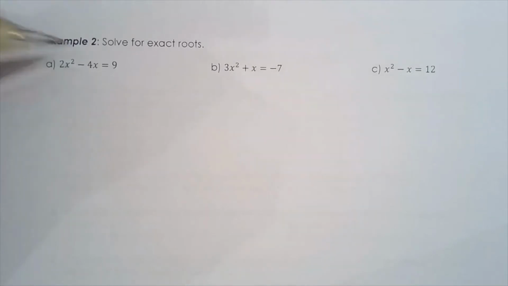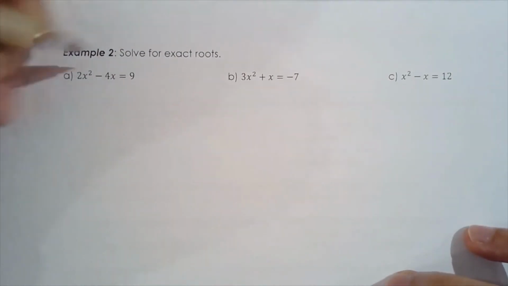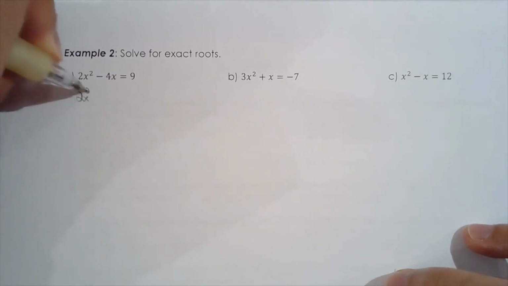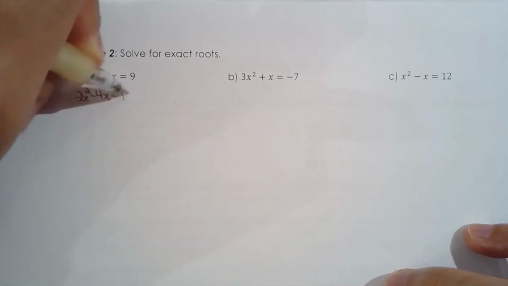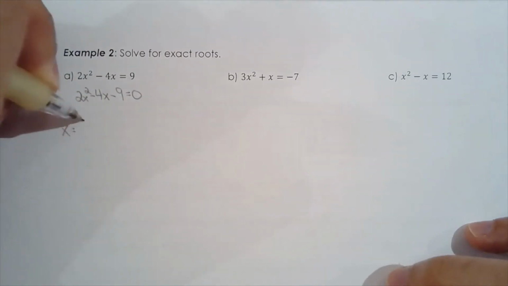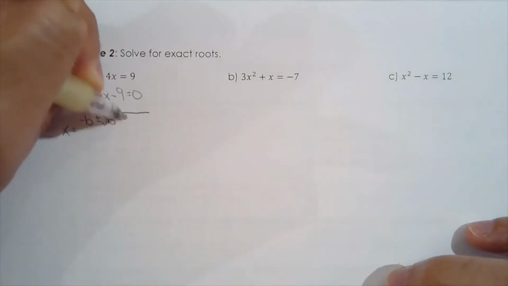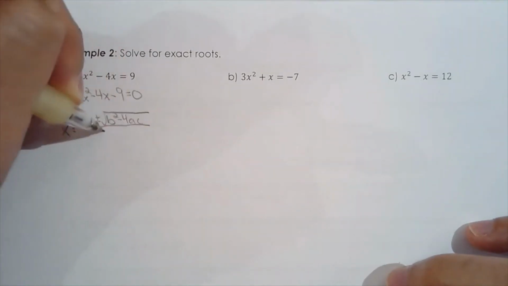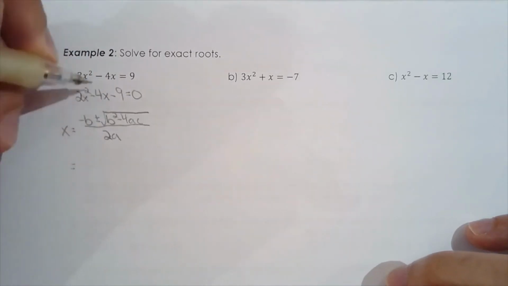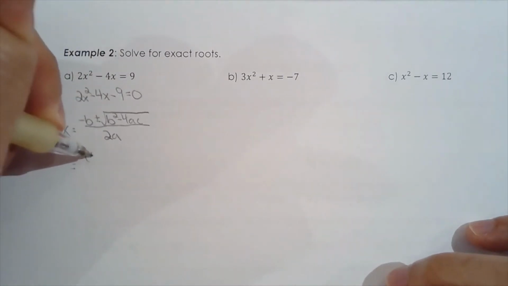Okay, so always set it equal to 0, right? Because otherwise you can't use the quadratic formula. So x equals negative b plus or minus the square root of b squared minus 4ac, all over 2a. I'm writing the formula out again because I really want it to sink into your head, so you have it memorized.